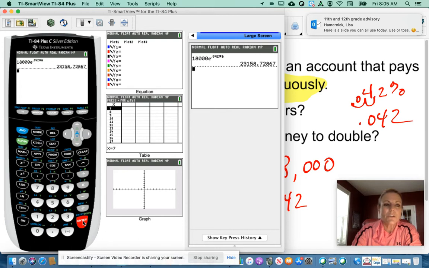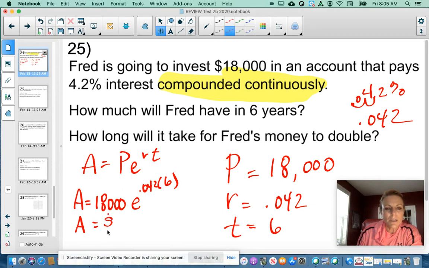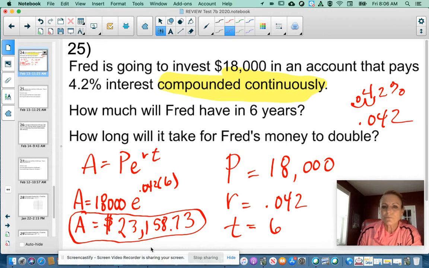And there's our answer, $23,158.73. There is my answer to the first part of the problem.